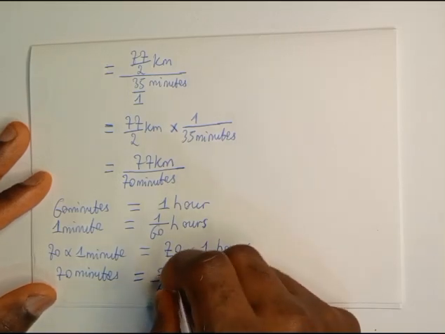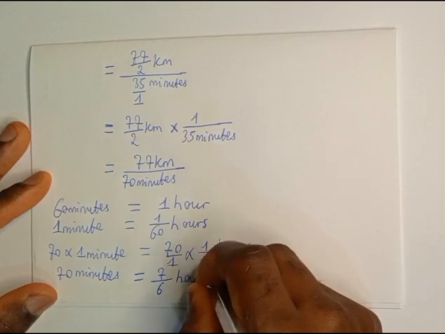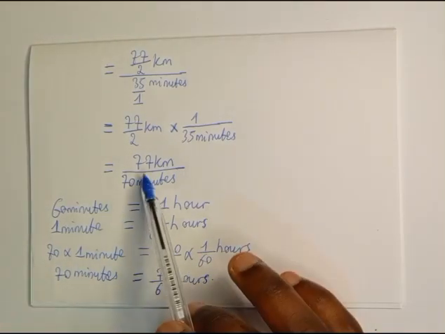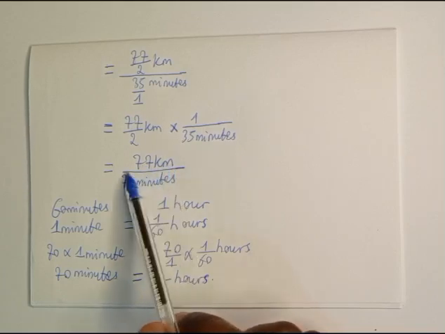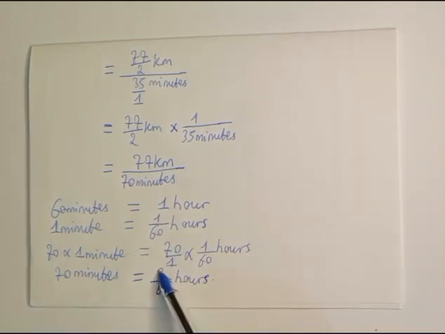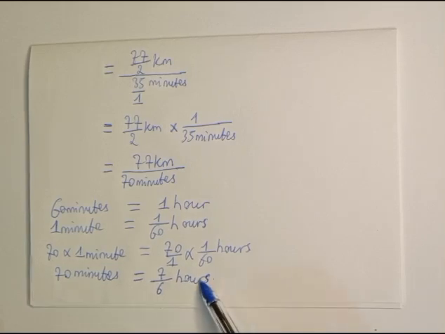It will give us 7 over 6 hours. The next thing we have to do is, in the rate 77 kilometers over 70 minutes, we have to replace 70 minutes with 7 over 6 hours. That's what we have to do.